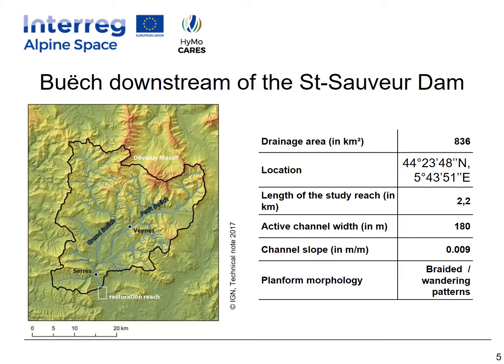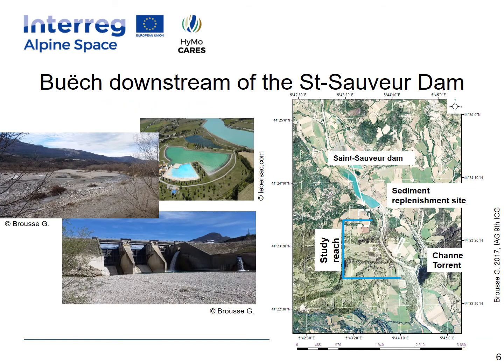The 2.2 km study reach presents a mean active channel width of 180 meters and a mean channel slope of about 1%. The study reach extends from the Saint-Sauveur Dam down to the confluence with the Torrent de Channes, a left bank tributary to the Buech, joining the main stream near the village of Montrond.